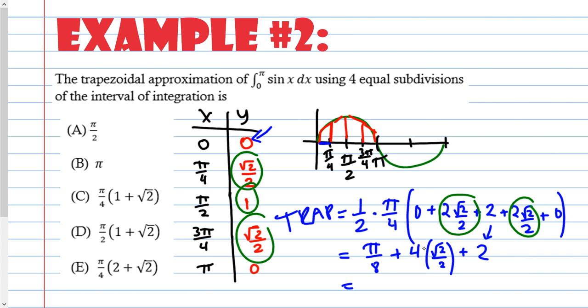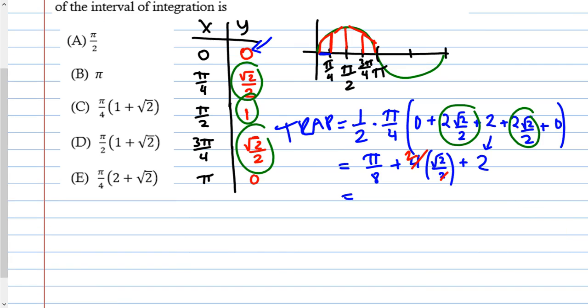Look, the 4 and the 2 just becomes one big fat 2. Let me go down here. So I have pi over 8 plus 2 square root of 2 plus 2. Oh, you know what? I just realized something. Totally made my parentheses disappear. My bad. Okay, so back on it.